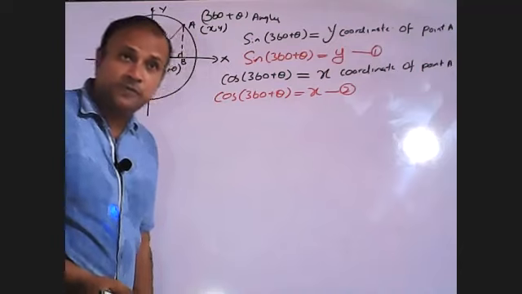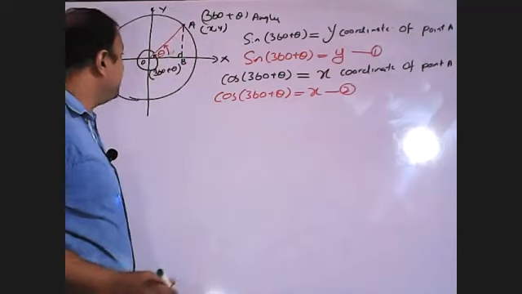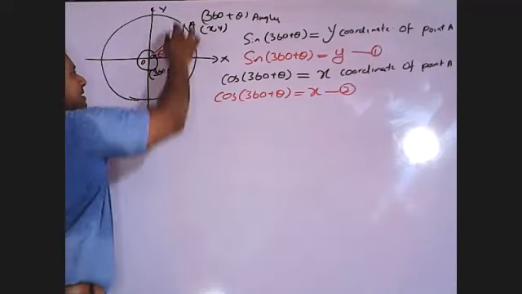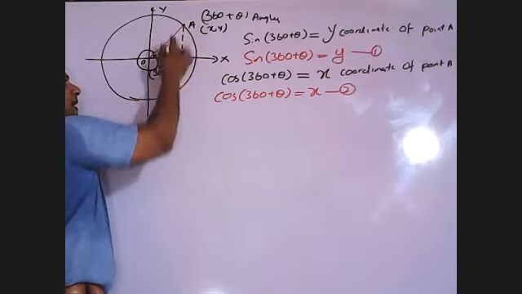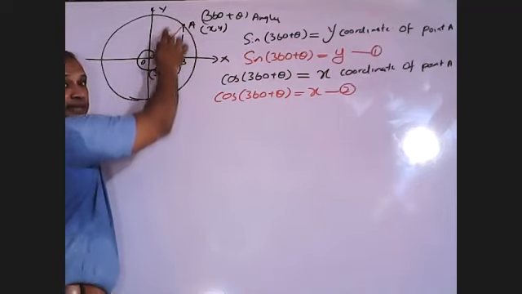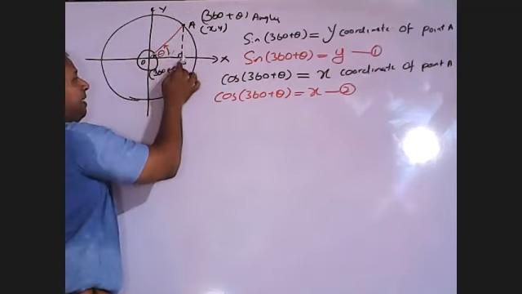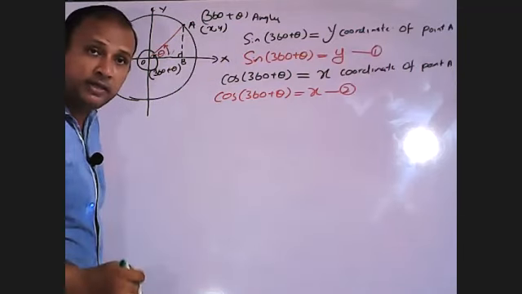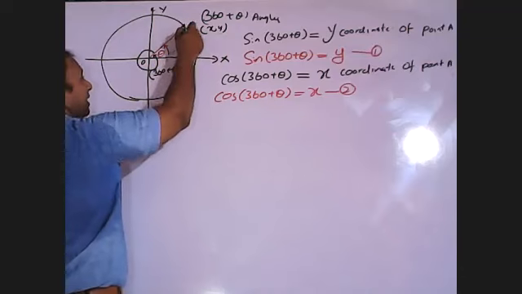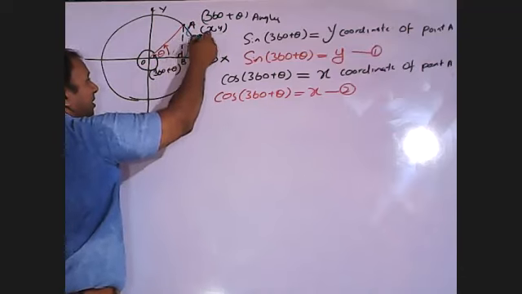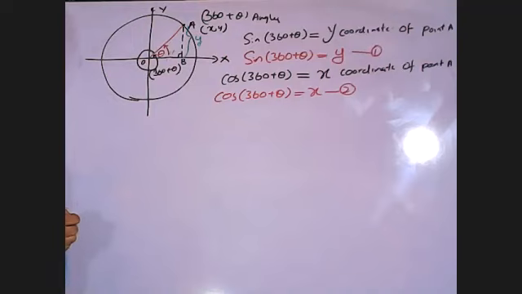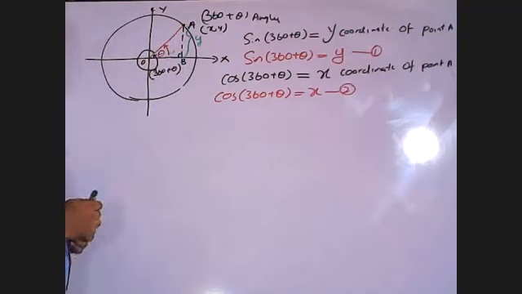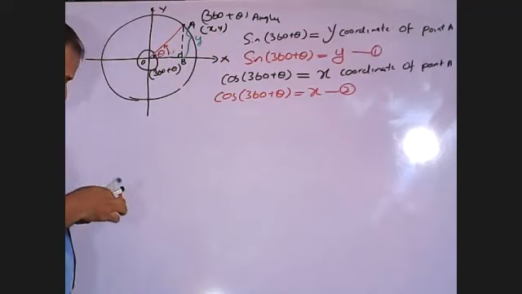Now you have to mark the length of each and every side. Look at AB. AB is along the y-axis. So AB length is equal to the y coordinate of point A, because it is along the y-axis.